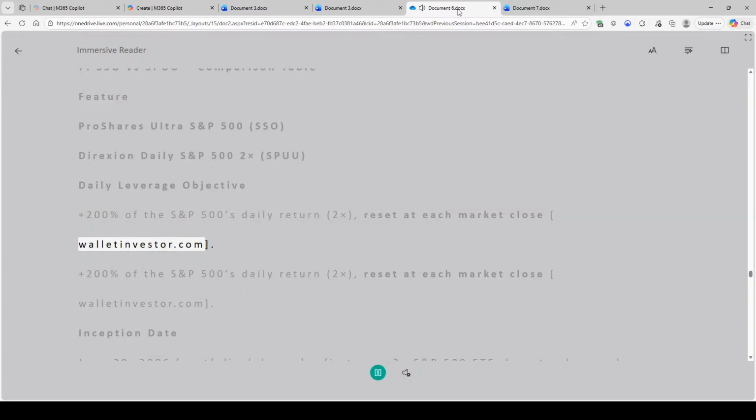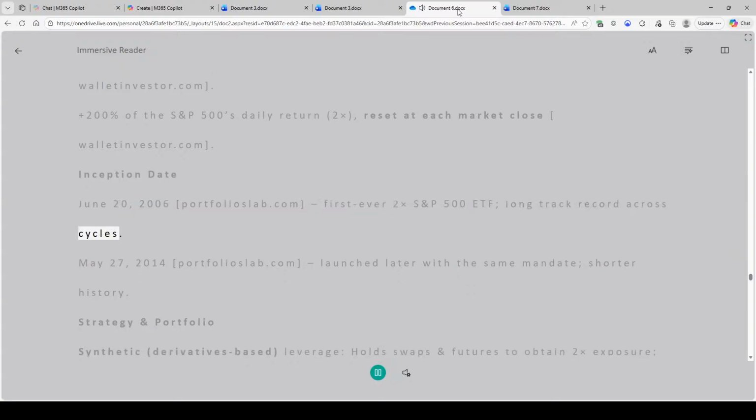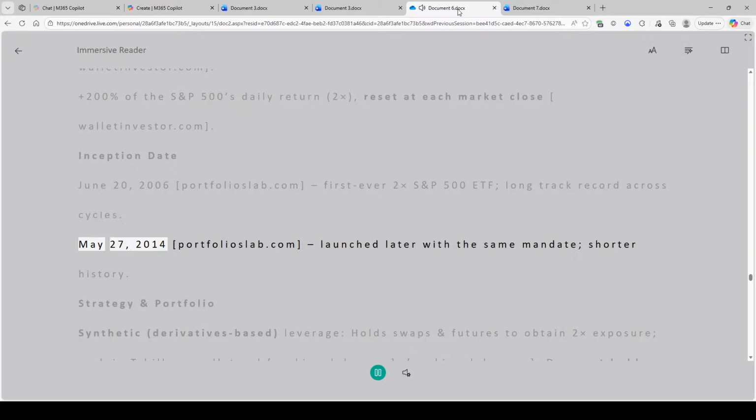Same for SPUU. Inception date: June 20, 2006, first ever 2 times S&P 500 ETF, long track record across cycles. May 27, 2014, launched later with the same mandate, shorter history.